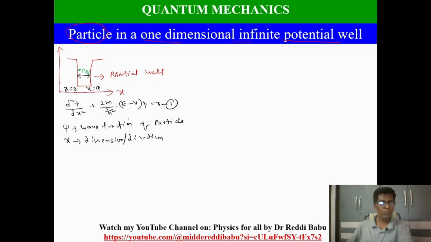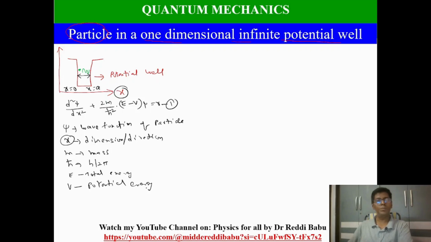Here the particle is moving along the x dimension, so I am using x. m is the mass of the particle moving like a wave according to de Broglie's theory, and h cut is the Planck's constant, h cut is equal to h by 2 pi. Capital E is the total energy, and capital V is only the potential energy. This is the complete description of the Schrodinger time independent wave equation. If you don't know this terminology, it is better to understand it clearly.